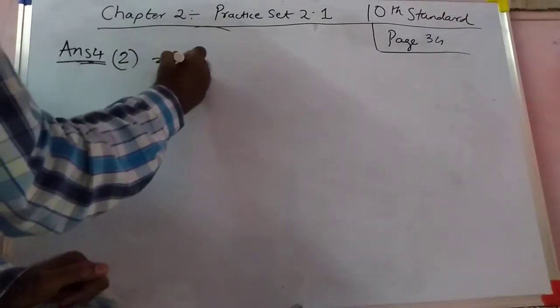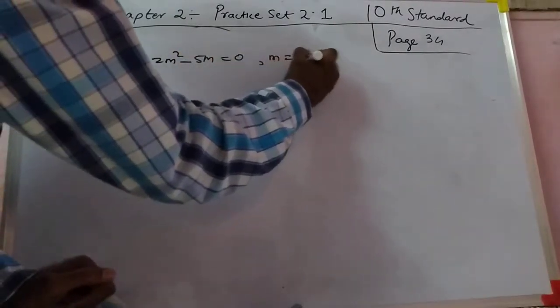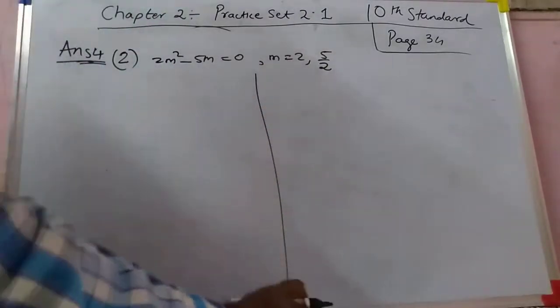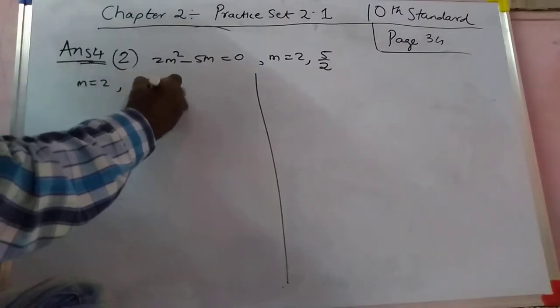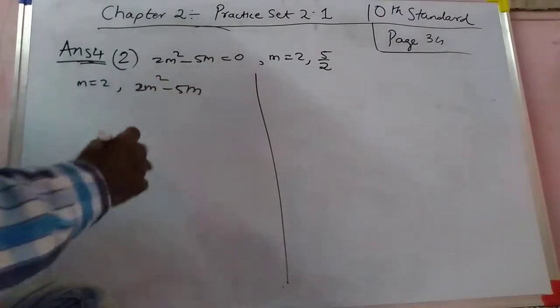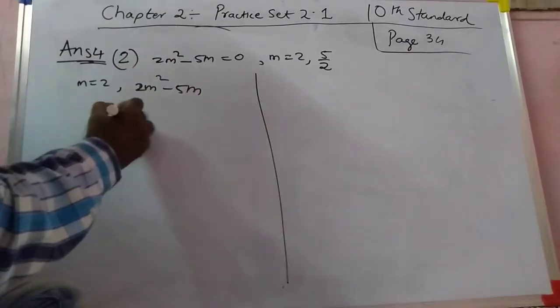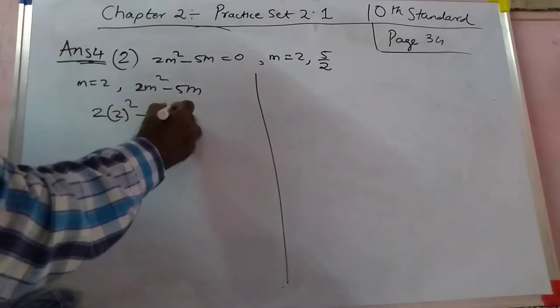2m square minus 5m is equal to 0. M is equal to 2, 5 by 2. Okay. So first m is equal to 2, then 2m square minus 5m. M is equal to 2, we will put it here. That will become 2 into 2 square minus 5 into 2.